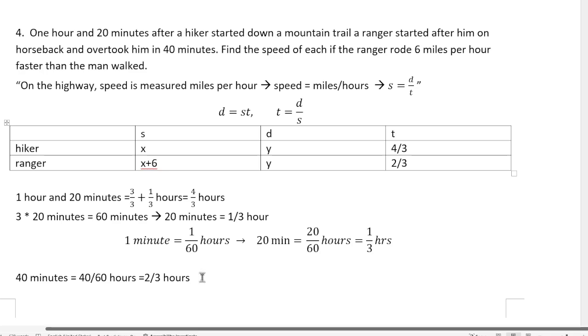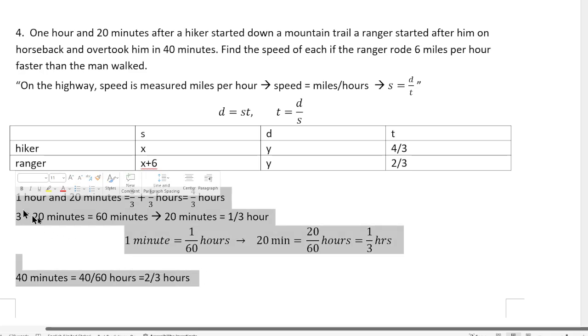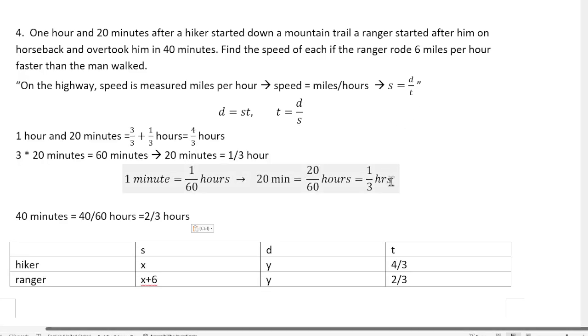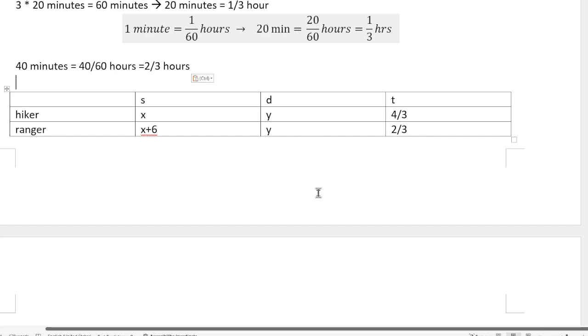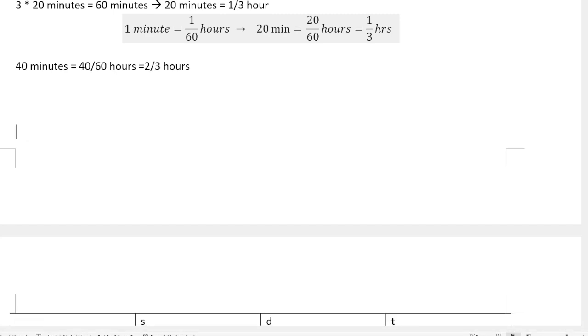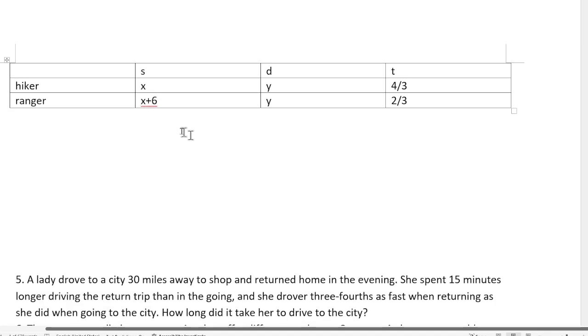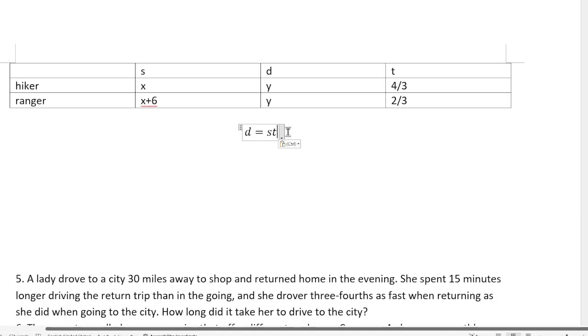Okay, so let's move this away over here. And let's now work with the table. Now, as I said before, our favorite equation is this one because that one doesn't have any fractions. So let's apply it to each of the scenarios.